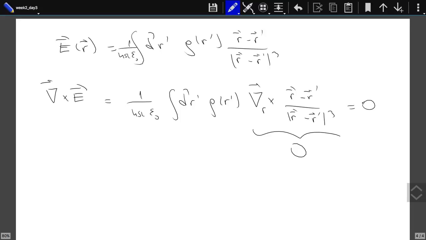So the integral itself is 0. Now what I did over here: since the integral is with respect to r prime, but my derivatives are with respect to r, I can just exchange their order. I can put the differentiation inside my integration. The only factor that depends on r is that (r minus r prime) over the magnitude cubed, whose curl is just 0. So the curl of the electric field is always 0 in electrostatics.